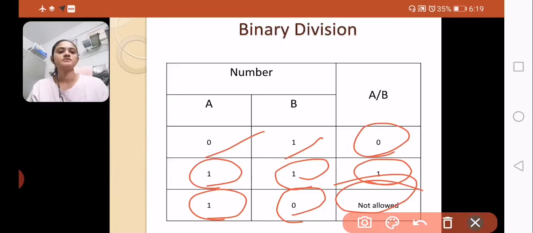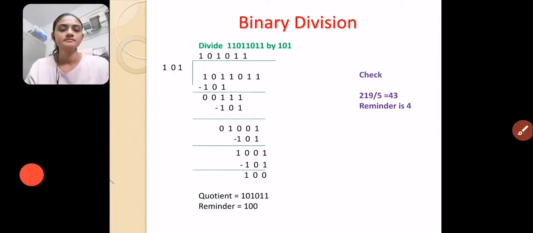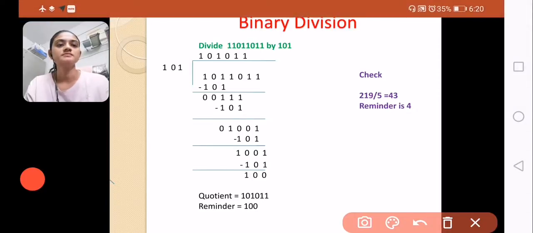So remember these rules. Let us take one example of it. Here you are asked to divide this term 1 1 0 1 1 0 1 1 by 1 0 1. So put the first number here and the second number here.